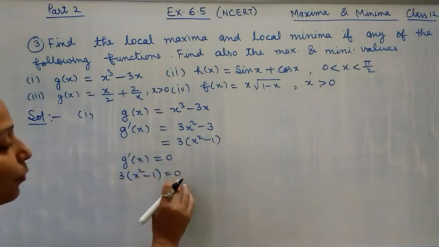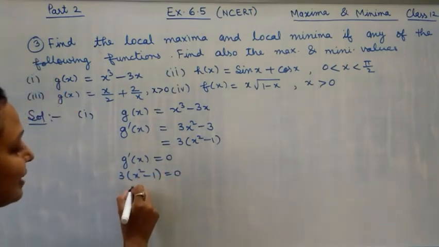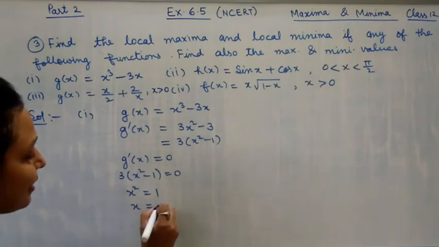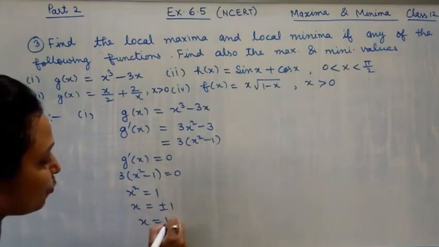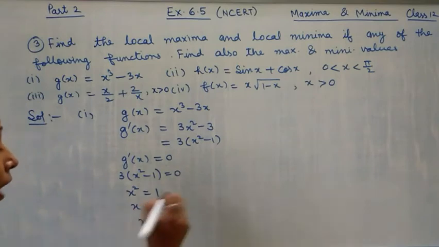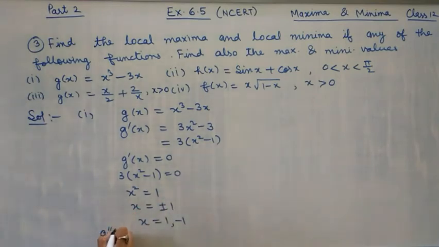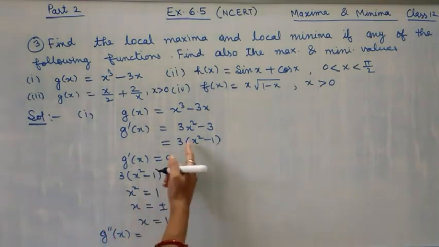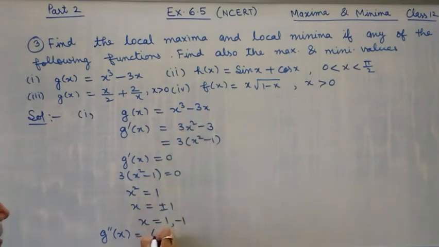This 3 goes there and becomes 0. x² = 1 and x = ±1. x has two values, 1 and -1. Now find g''(x). What is the value of g''(x)? That is 6x.